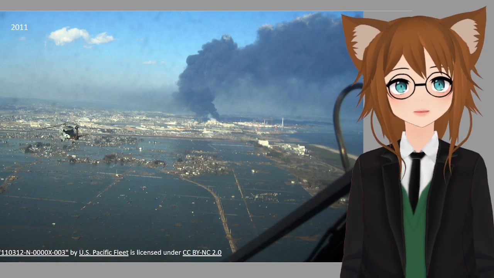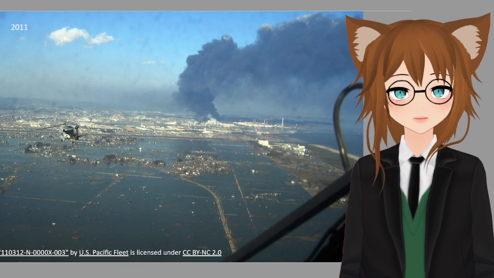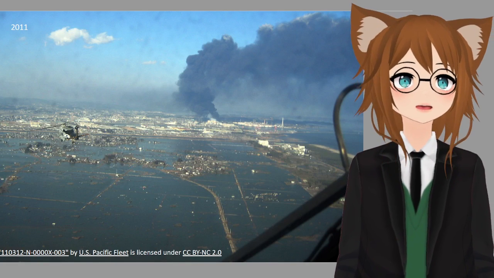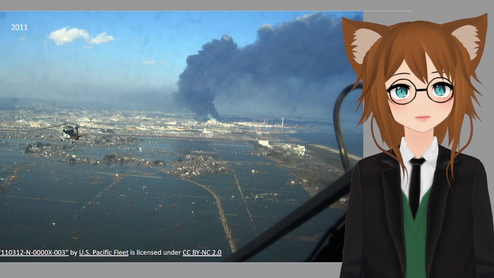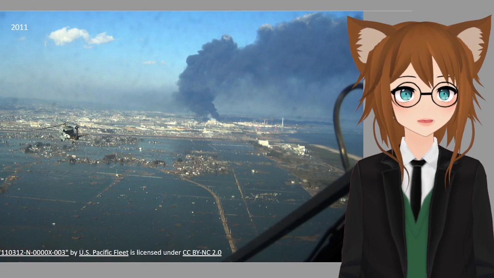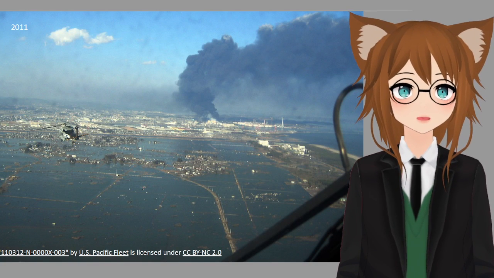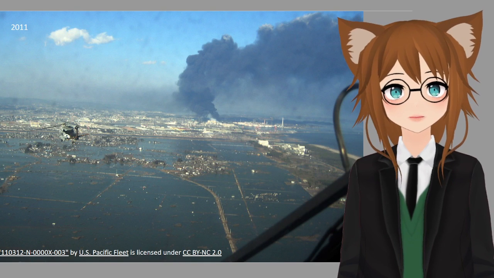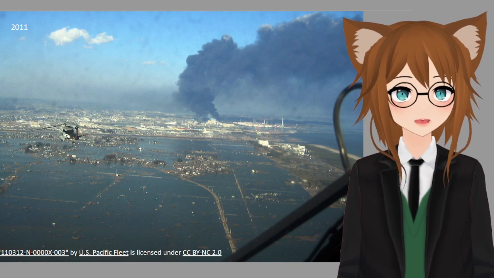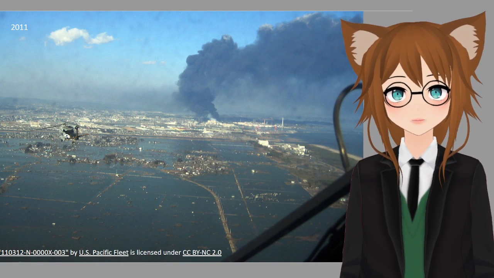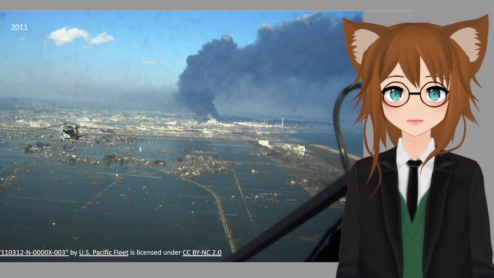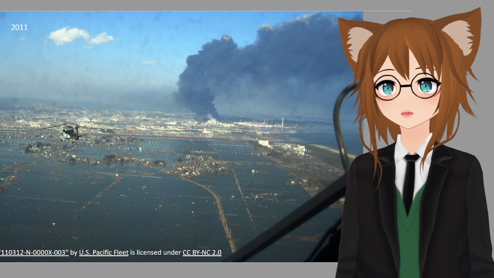So after this disaster, Japanese opinions towards nuclear power have become very negative, because it seems very clear that it's difficult to prevent this type of thing from happening again. So why have the power plants in the first place? It is a big risk. But Japan is very resource poor.